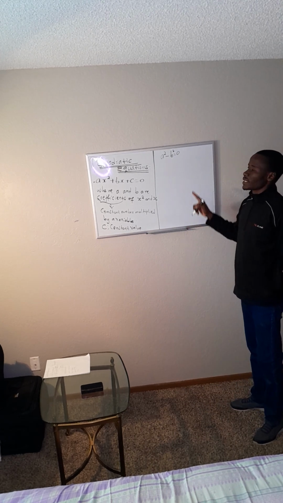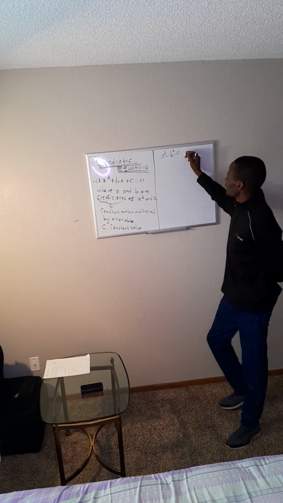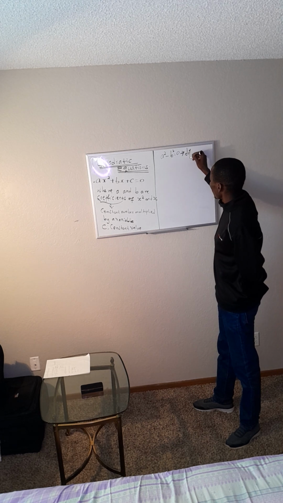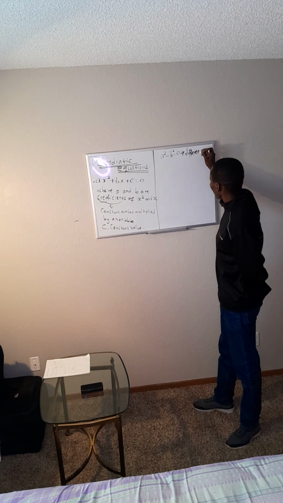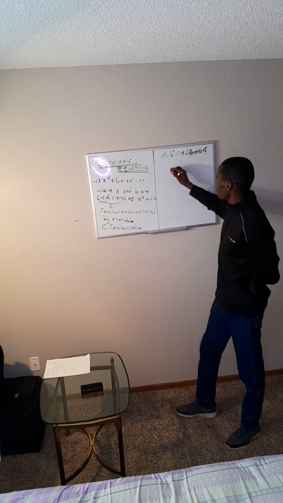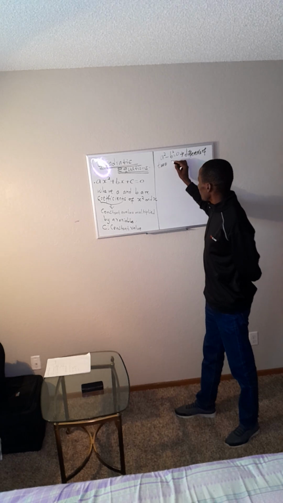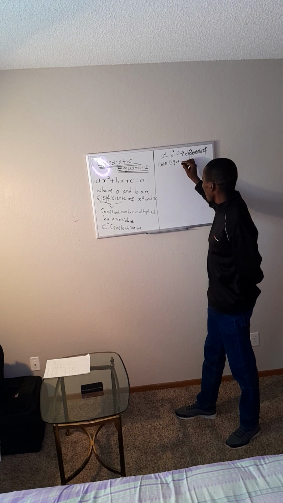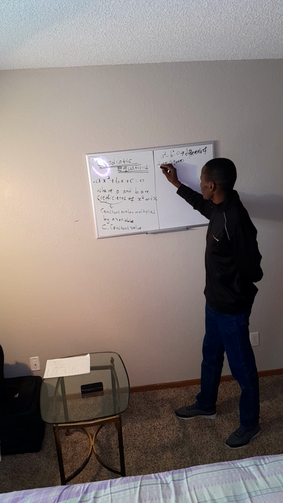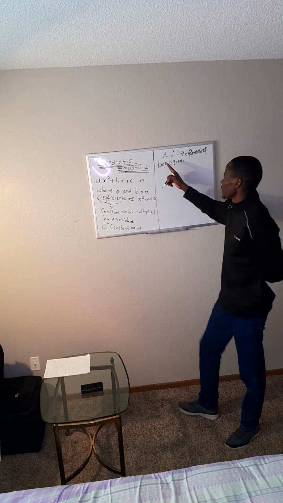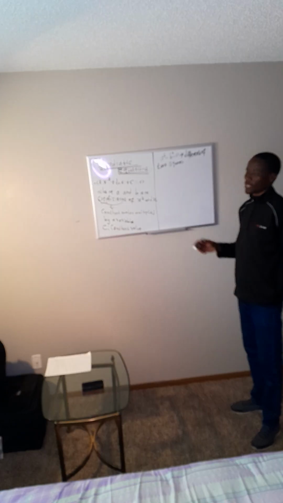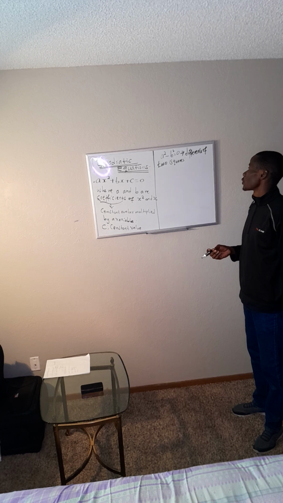But when it is written in this format, we call this a difference of two squares. A squared minus b squared is termed as a difference of two squares.